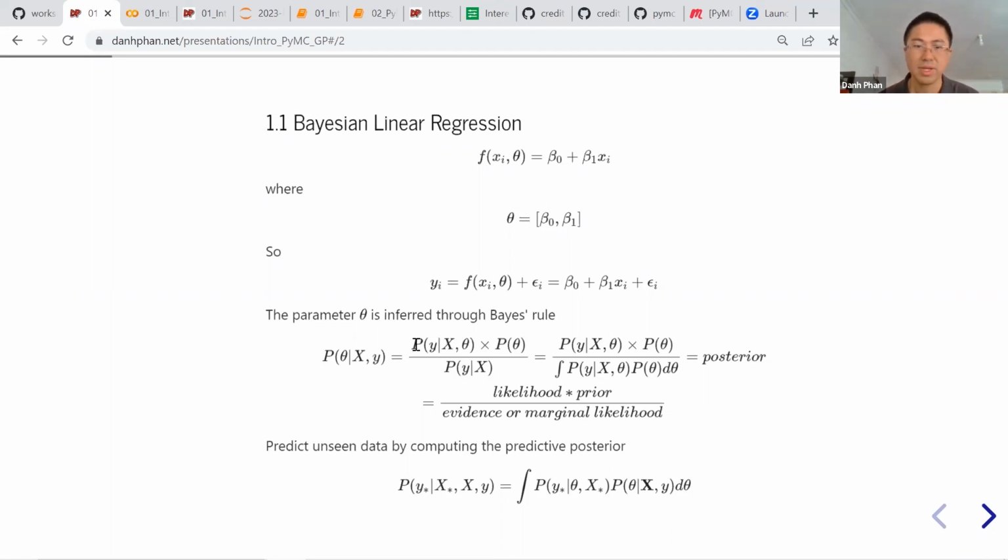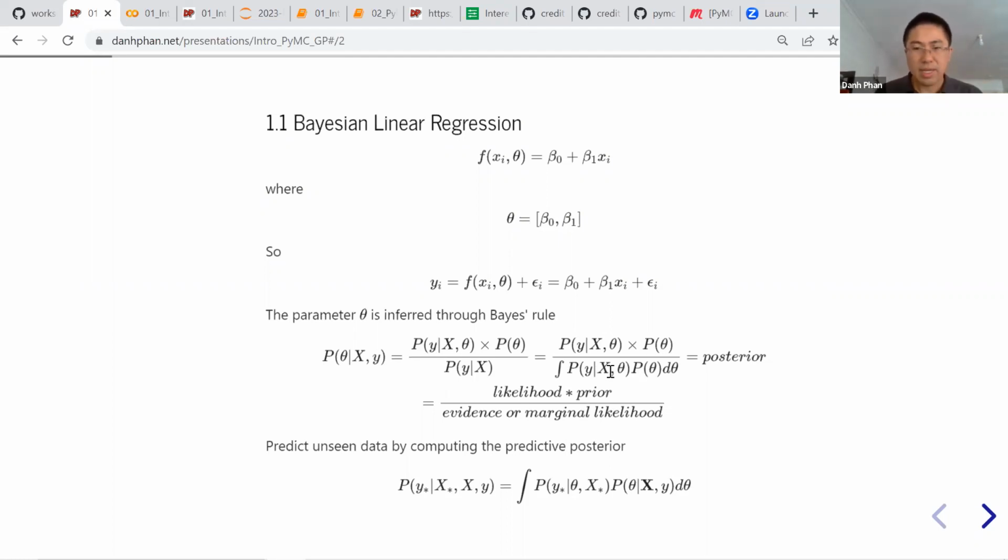The likelihood is our data. The posterior is what we change about our prior assumption after we have seen the data. And the term at the bottom we need to calculate using some integration. They call it the evidence or marginal likelihood.